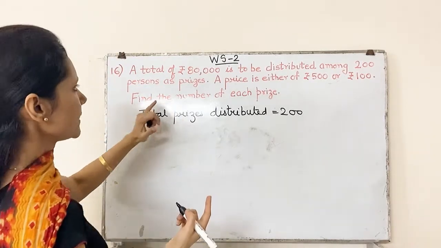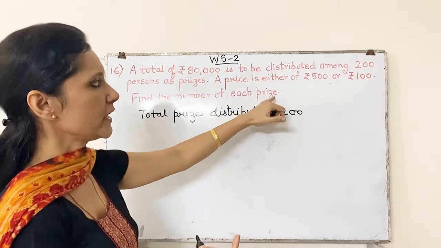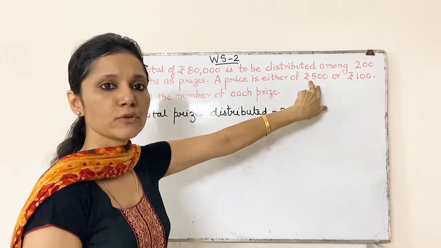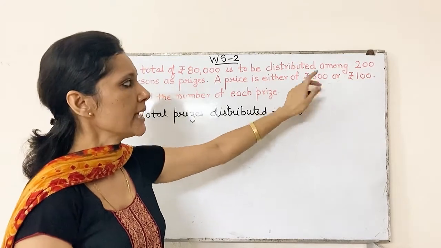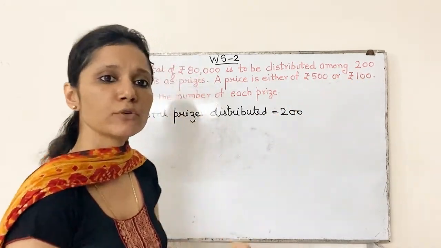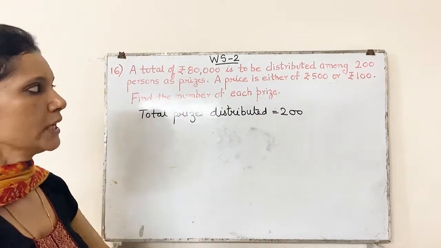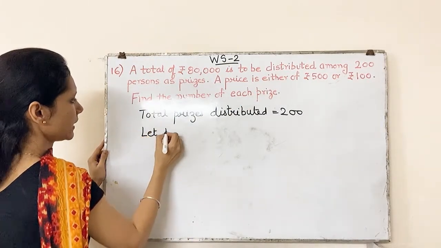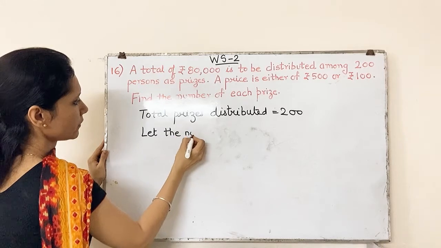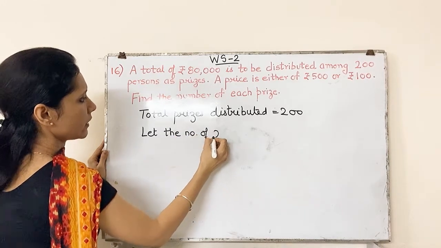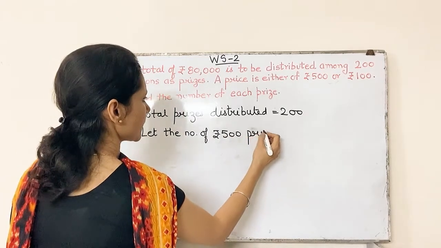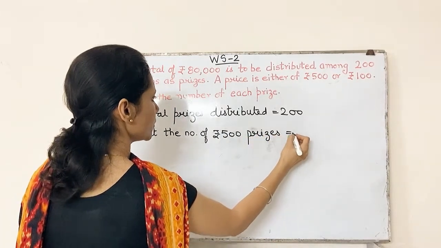Now as I told you, whatever is asked in the question, we have to suppose that. So what is asked in the question? Find the number of each prize. That means we have to find the number of 500 rupees prizes that were distributed and the number of 100 rupee prizes that were distributed. So let us suppose one of them. Let the number of 500 rupee prizes be equal to x.